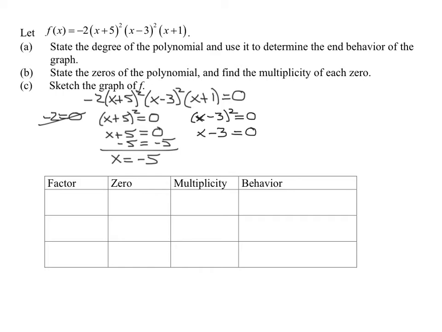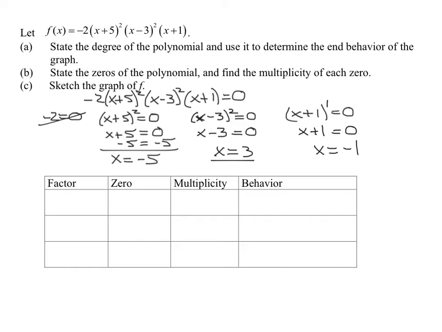And if I add 3 to both sides, what am I going to get? X equals 3. My last factor is x plus 1 equals 0. Just to remind you, what exponent is on this parentheses? There's a 1 up there. So I get x plus 1 equals 0, or if I subtract 1 from both sides, I'm going to get x equals negative 1.